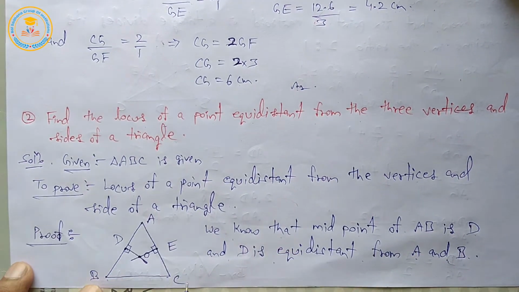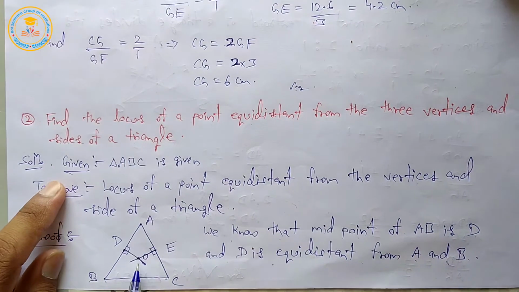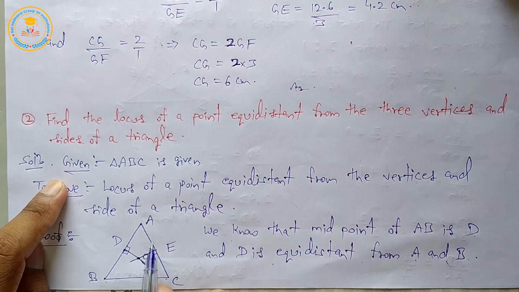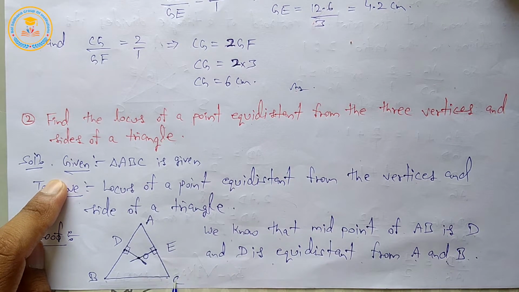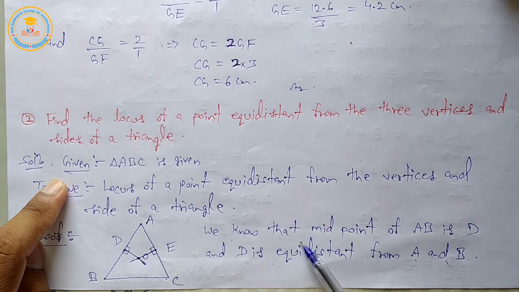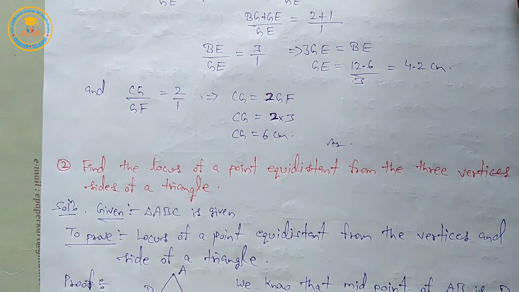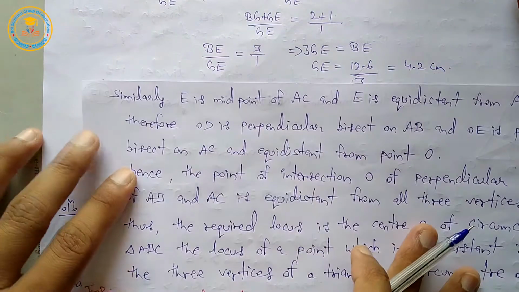Therefore, similarly, E is the midpoint of AC and E is equidistant from A and C. So A and C are bisected. Therefore, OD is the perpendicular bisector of AB and OE is the perpendicular bisector of AC.